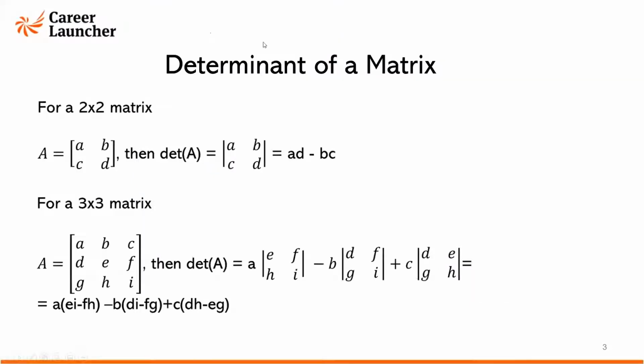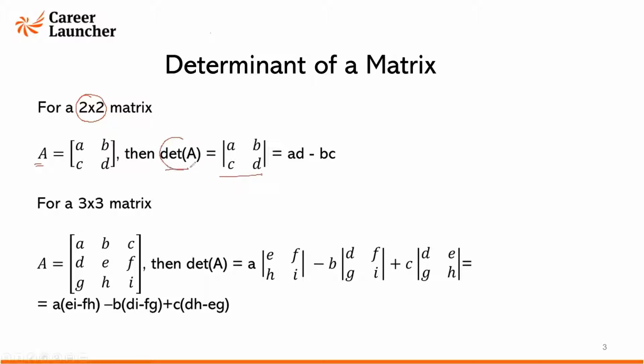Right. So we're talking about matrices. I will start with the smallest of the matrices, which is a 2 by 2 matrix. If I have a matrix called ABCD, which is called capital A, then the determinant of this matrix A is represented in these two forms.